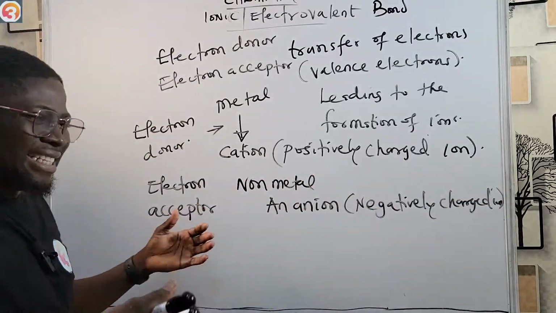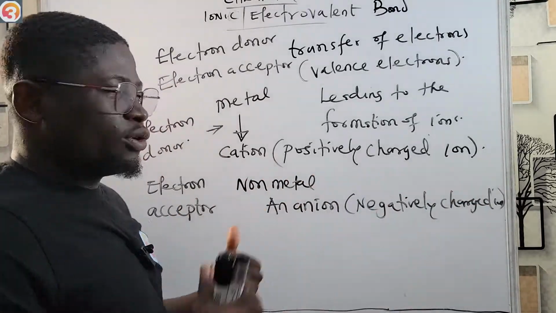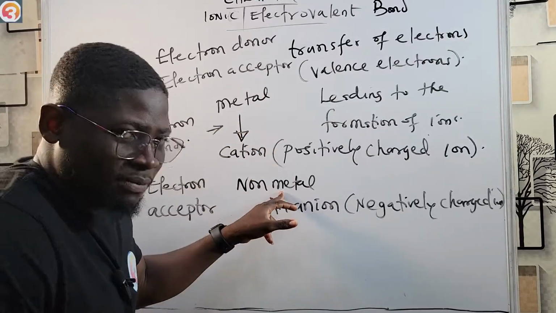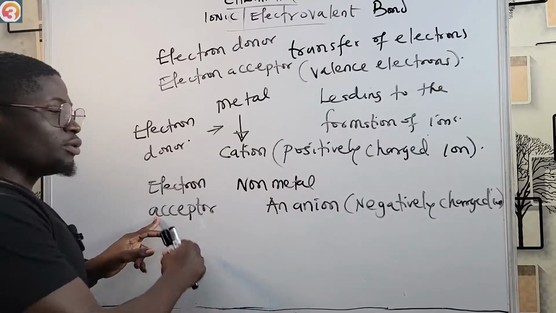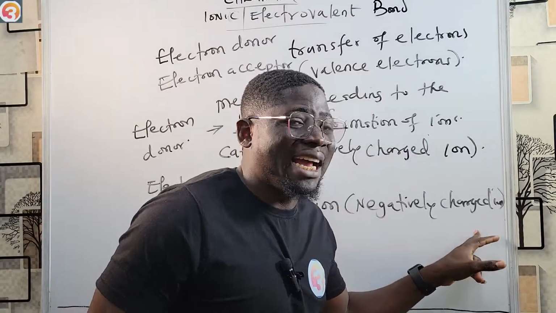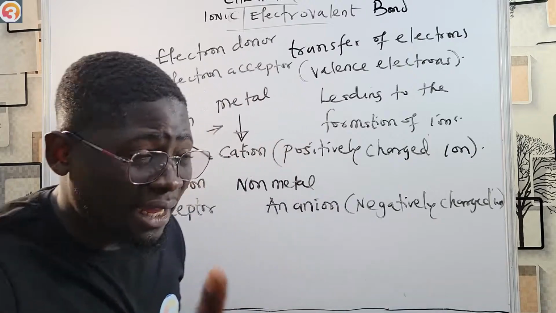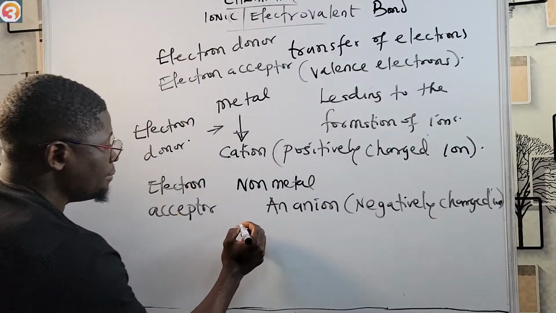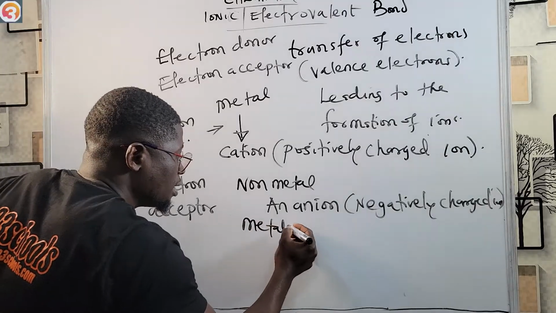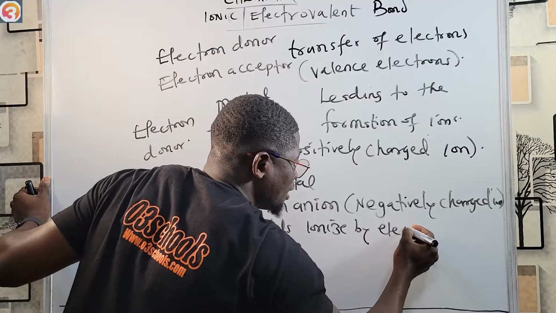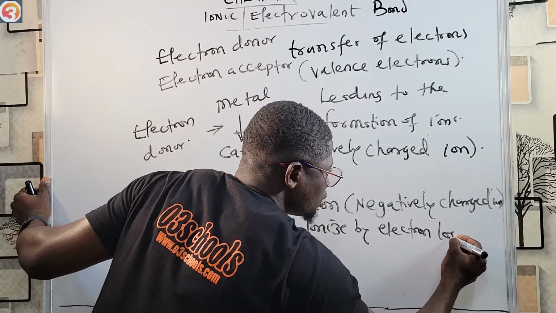The acceptor, when the metal donates it, the non-metal accepts it, right? So once it accepts it, it becomes an anion, which is a negatively charged ion. And that is why we usually say that metals ionize by electron loss.